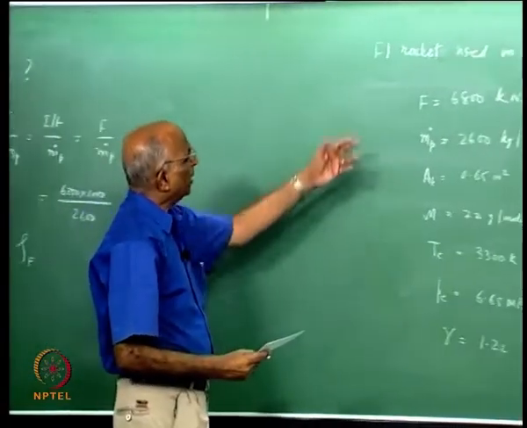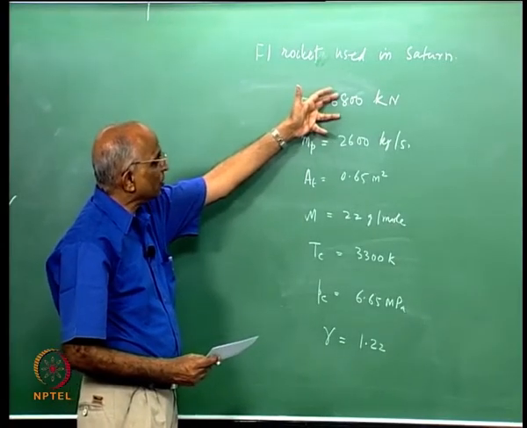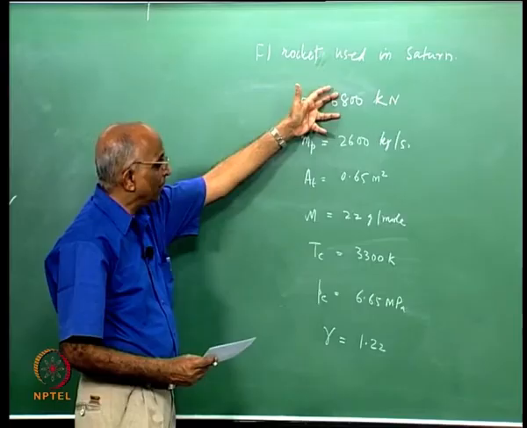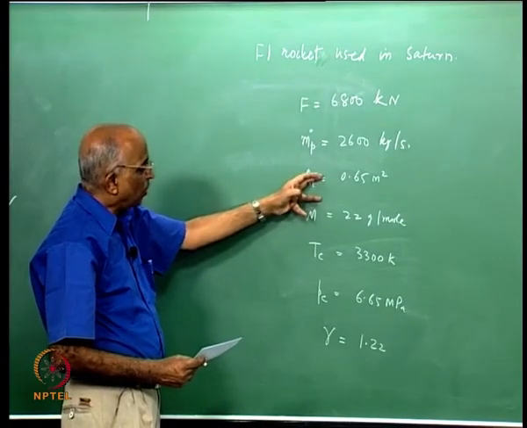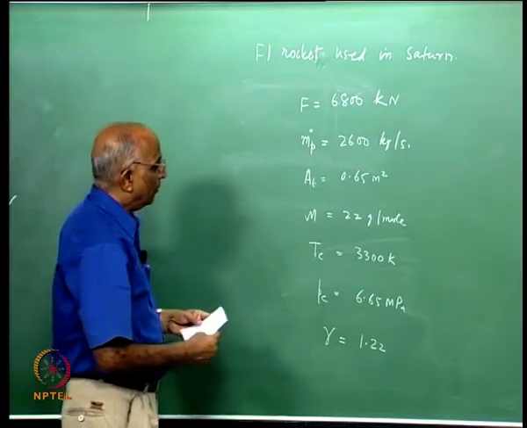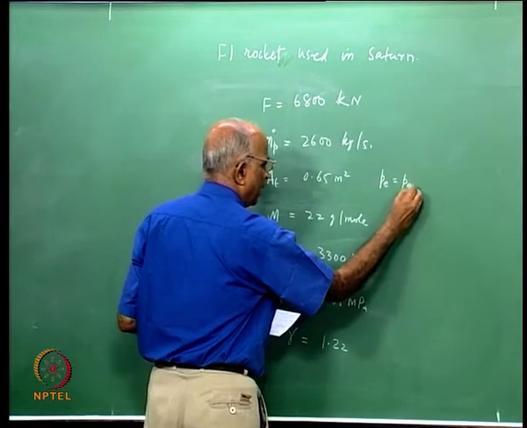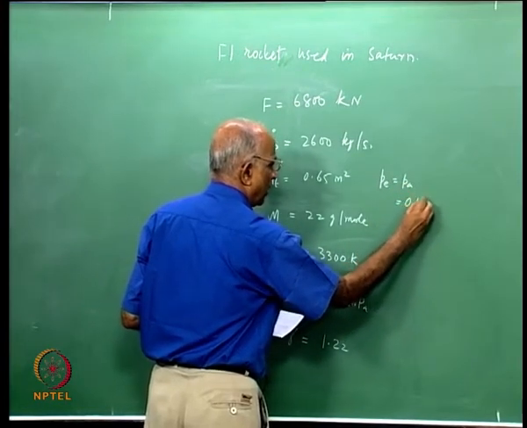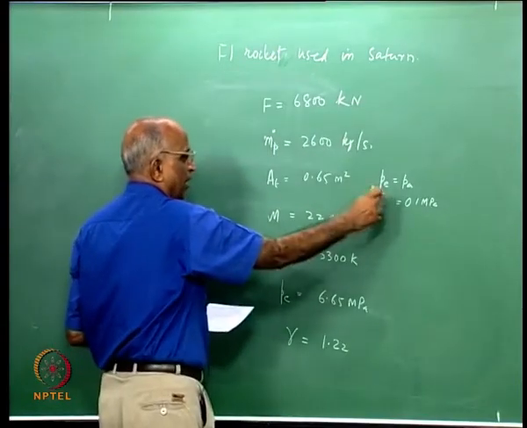This particular rocket, we tell ourselves, develops a thrust of 6800 kilonewton when the exit pressure is sea level, or rather when the value of Pe of this rocket is equal to Pa, which is equal to 0.1 MPa, because the test has been done at sea level.